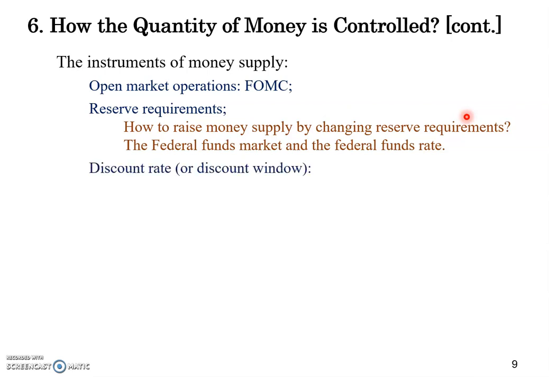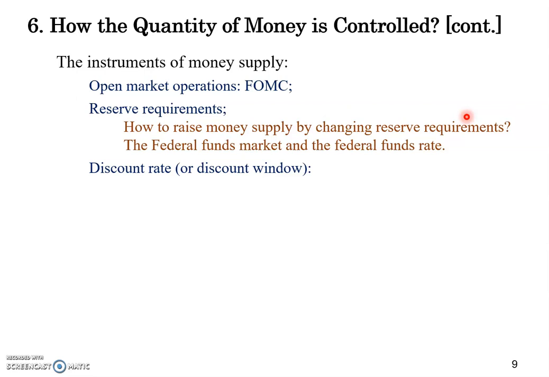Now, if Bank of America is running $1 million short for the reserve requirement, there's another option for them to meet it. Instead of going to the federal funds market and borrowing from other commercial banks, they can go to the Federal Reserve, the central bank, and borrow directly from the central bank to meet the requirement. When they borrow from the Federal Reserve, they also need to pay interest.